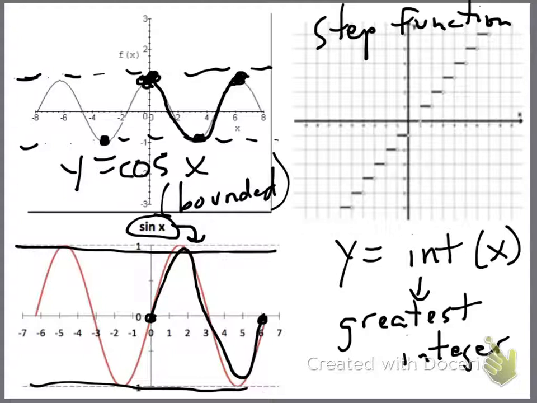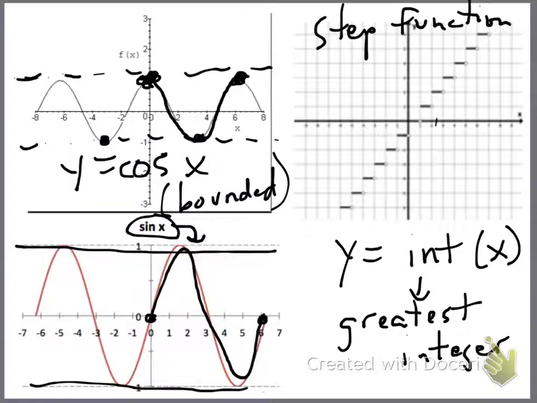Step function. This is called y equals, now it says int, but int means greatest integer. So what that means is that from 0, I don't know if I can blow this up. Hang on. Nope, I can't.